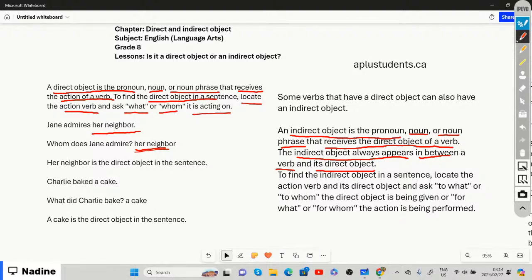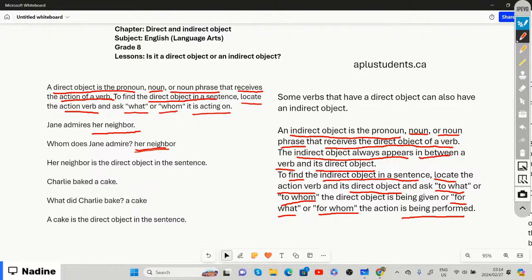But now, if we want to find the indirect object within a sentence, then we need to locate the action verb and its direct object. And we need to ask ourselves to what or to whom the direct object is being given, or for what or for whom the action is being performed.